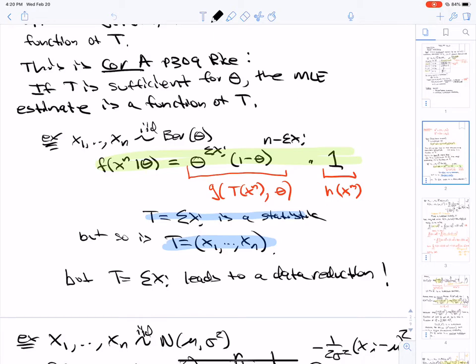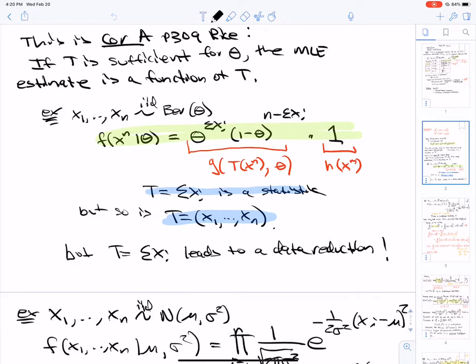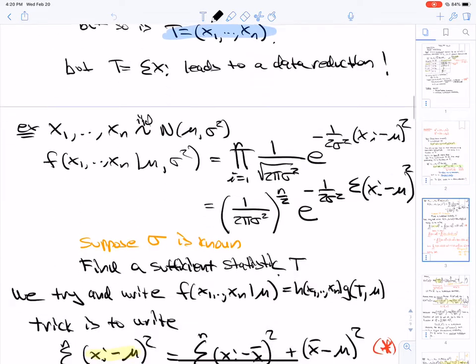It has a much smaller data footprint. So we say that the sum of the xi leads to a big data reduction. In other words, once you get your data and you form T, for the purpose of finding an MLE, we don't need all of our data. We just need the sum of xi.